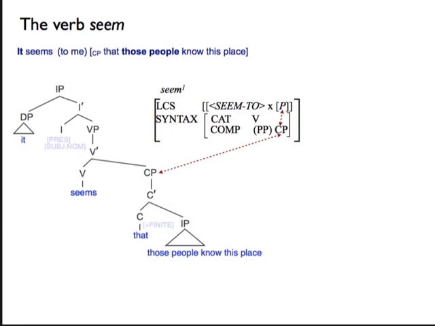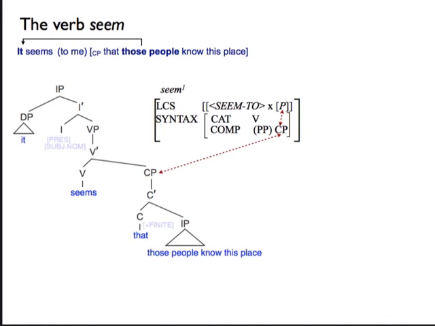But we also have another version of seems that is described as involving raising, and what you do is raise the subject of the proposition clause. So there's going to be a proposition clause no matter what, but you can move it.